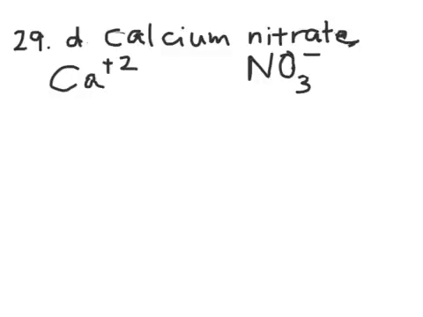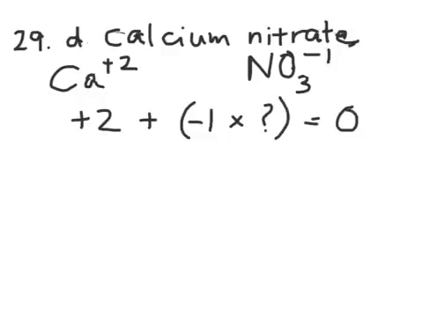Okay, so we need to balance out our charges. So plus 2 plus -1 times what number will give us 0? Right, because here's the plus 2. There's our -1. Okay, so -1 times what? Well, the question mark must be 2, right?